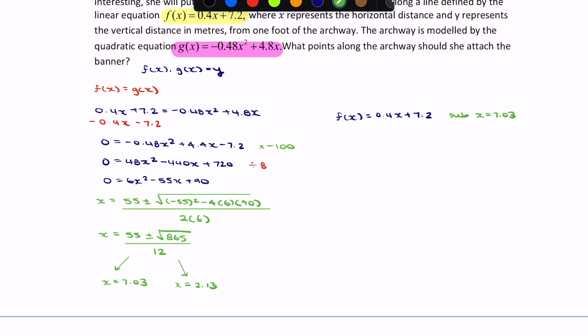So f of 7.03 is equal to 0.4 times 7.03 plus 7.2, and that will give us 10.01 meters.